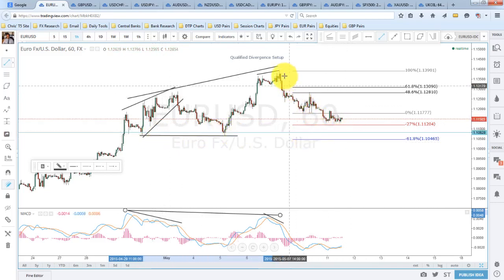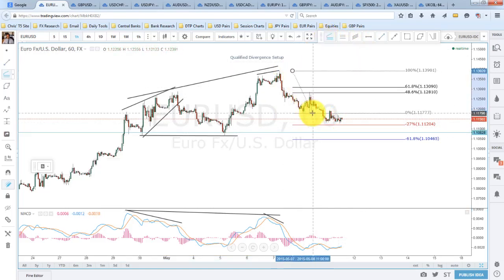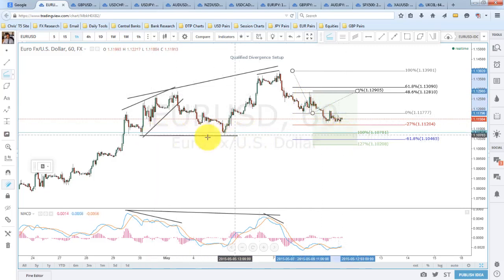We've already moved down very close to targeting that area, and if this divergence setup plays out and we move into this zone, which is also the equal legs 127% zone of this initial cycle pullback, 100 or equal legs to 127, it falls right around this support area, which is the low between the larger swings that diverged here.